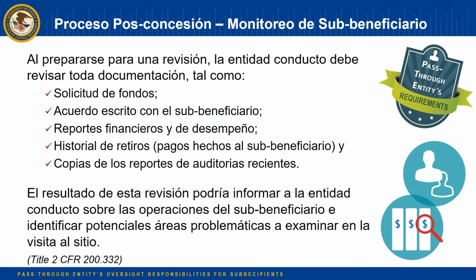You're looking at their financial and programmatic reports, and you should be able to compare them to see whether or not the amount of money that has been spent on the program truly represents the activity that has been performed. History of requesting for funds, how much has been drawn down, and again, that audit report. That audit report can provide you with some important information. Next slide, please.